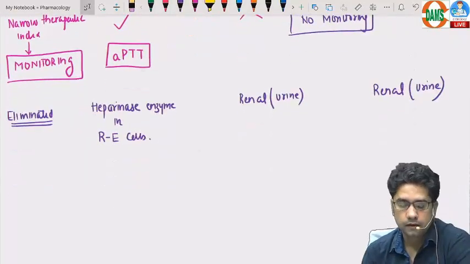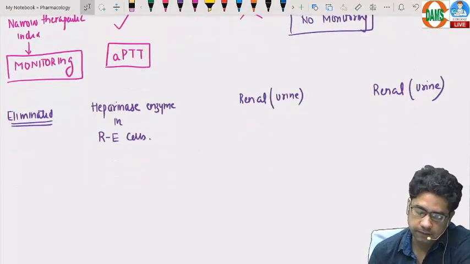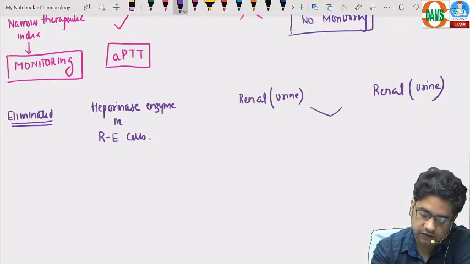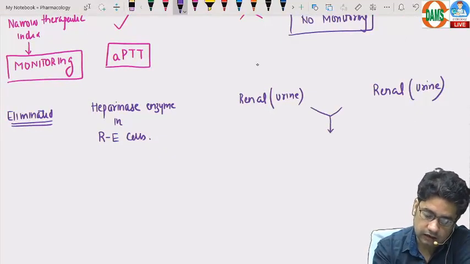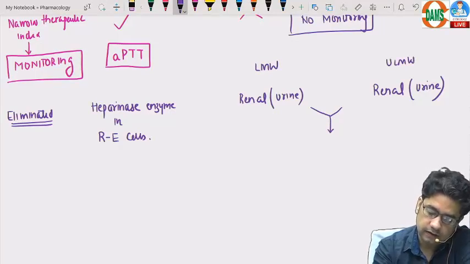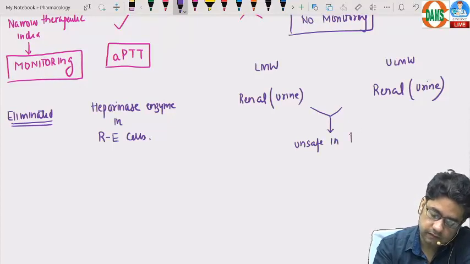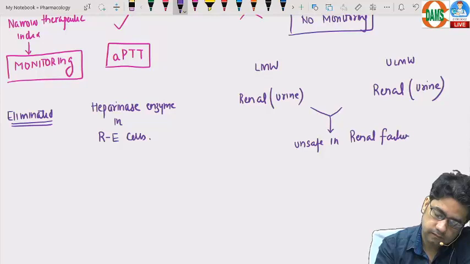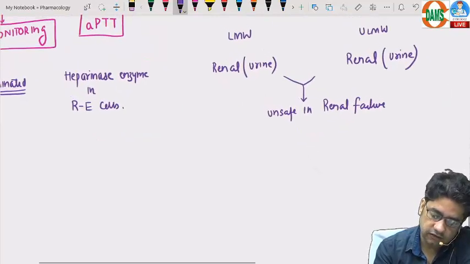Okay. So, which heparin is unsafe in renal failure? Ultra low molecular weight heparin and low molecular weight heparin, they are unsafe in renal failure. And in cases of renal failure, they require monitoring.